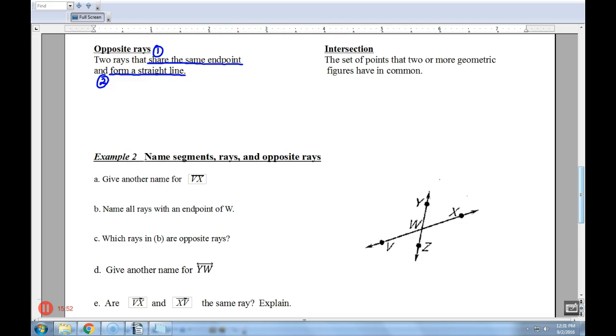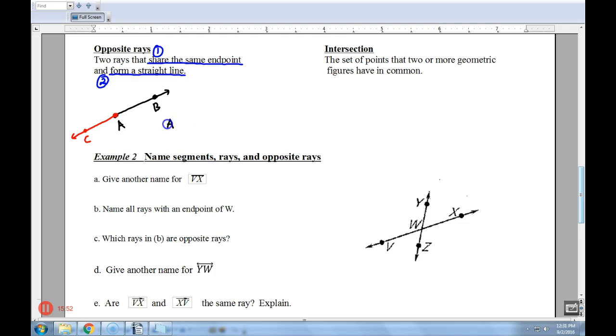So let me draw an example of opposite rays and then some things that are not opposite rays. A pair of opposite rays would be, maybe I'll draw this one and I'll call it AB. So there's ray AB. And another ray that shares the same endpoint and forms a straight line would be ray AC. So if I asked you to draw this on a quiz, this would be a great drawing of opposite rays.